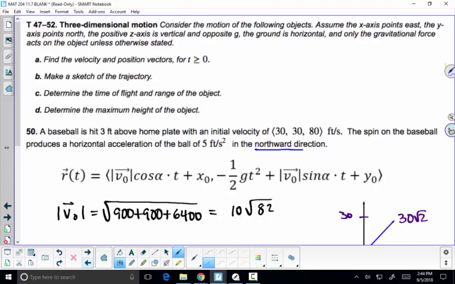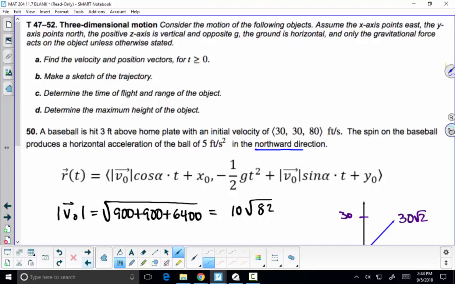I was thinking that the acceleration was bisecting the quadrant north and east. I thought it just said it has an acceleration of 5 feet per second squared, but it says 5 in the northward direction. That's the spin on the ball that you were talking about.